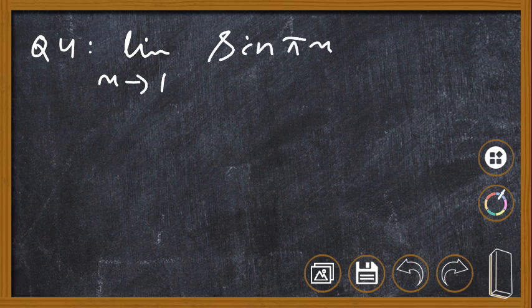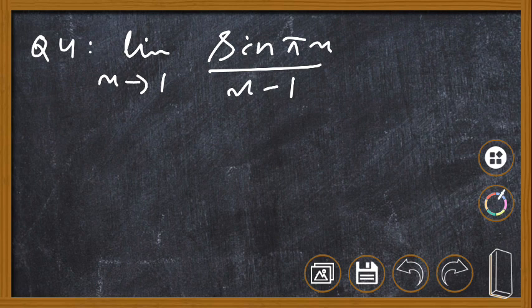This is your question number 4 for today. Looking very simple: limit x tends to 1, sin pi x divided by x minus 1. How to solve this question?